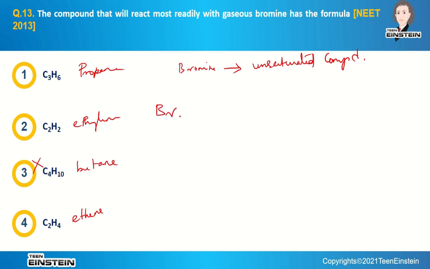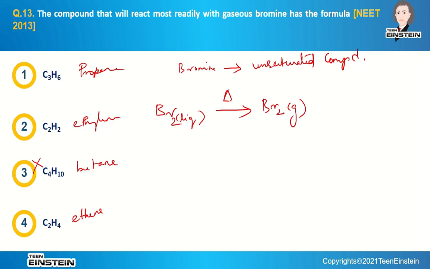Normally bromine exists in liquid state, but if it is present in gaseous state, that is possible only upon a heating process. So in gaseous state, bromine reacts only with allylic hydrogen, that is, alkenes which have an allylic hydrogen atom.